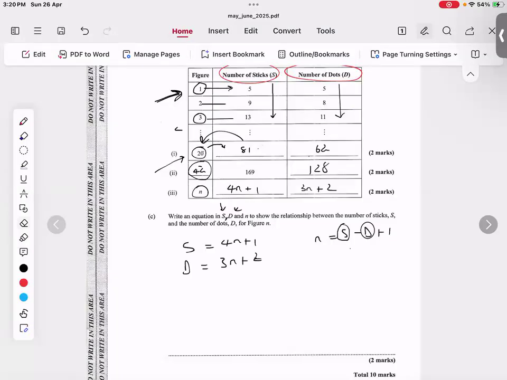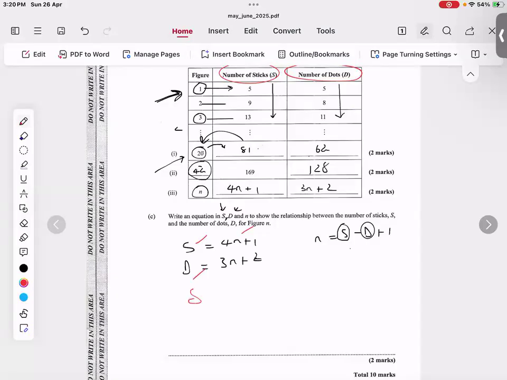Mm-hmm. All right, so I'm thinking that this is the answer then. Because they say they want a relationship in S. They want a relationship in S and N and D. So I'm thinking that this must be it.